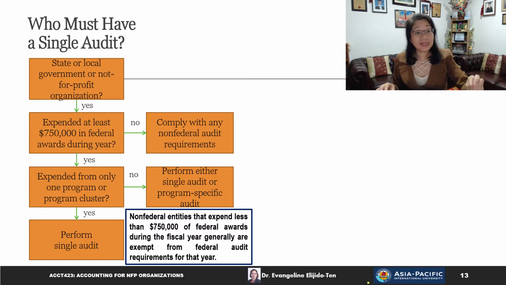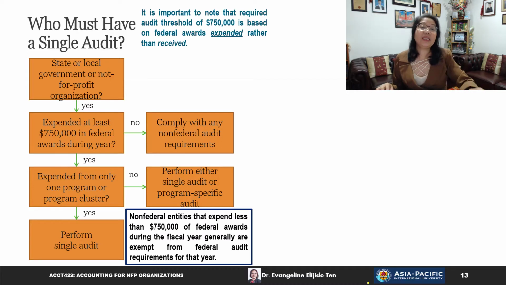But if you answered yes, all the $750,000 is expended for one program or one program cluster only, then definitely you need to perform a single audit. By the way, it is important to note that this $750,000 threshold is based on federal awards expended rather than received.